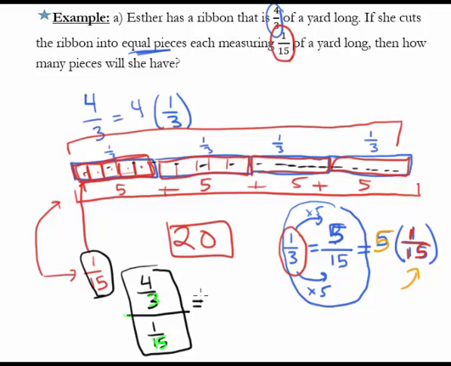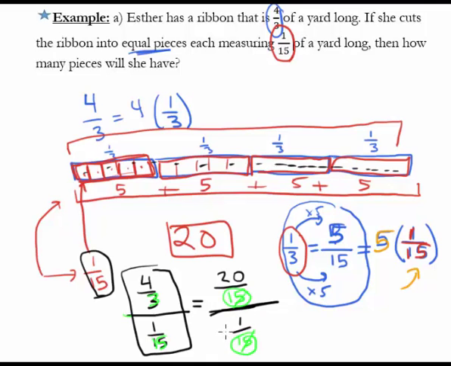So 4/3 is really nothing more than 20/15, right, over 1. Let's make this one a big fraction, over 1/15. And since they're the same here, we can just ignore them.